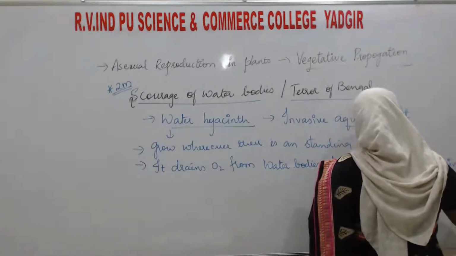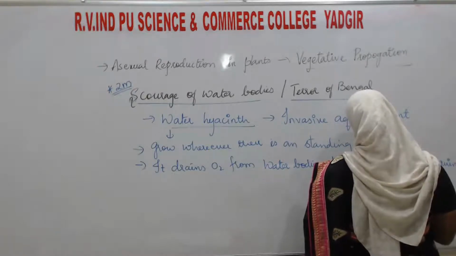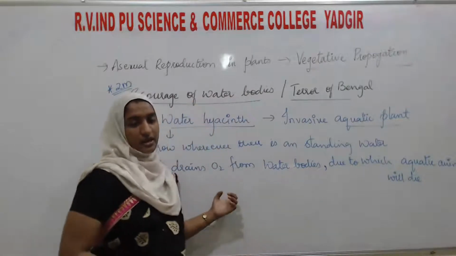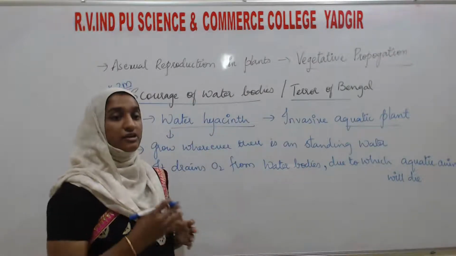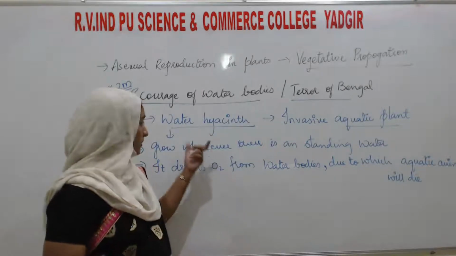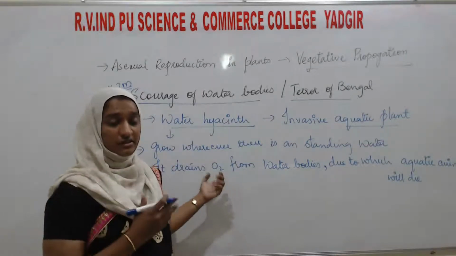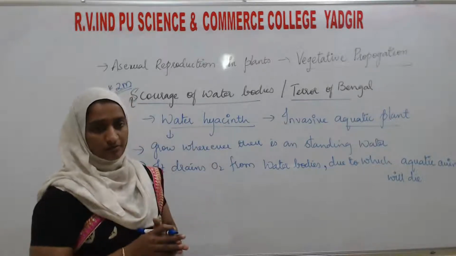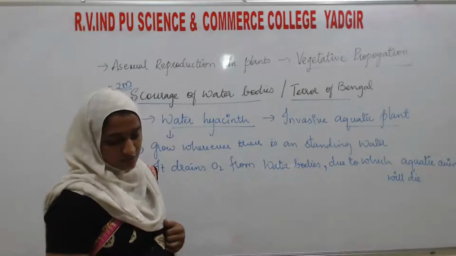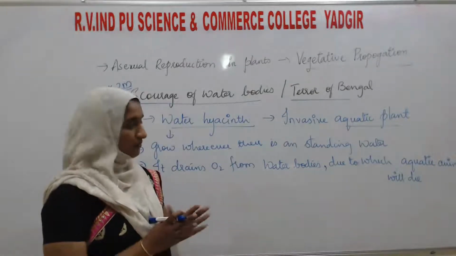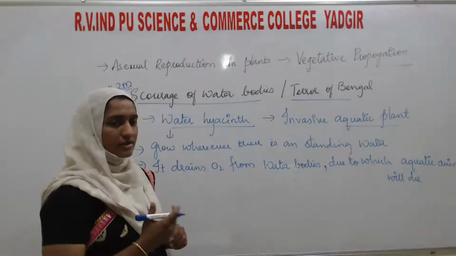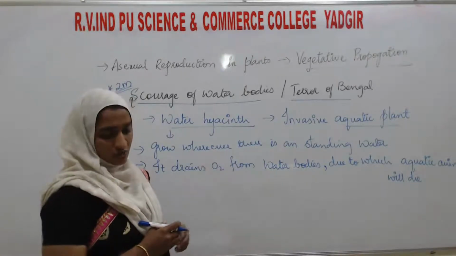If there is no oxygen, they cannot survive. Oxygen will be reduced, which means this water hyacinth pollutes the water, absorbing all the oxygen, which leads to the death of the aquatic animals. You will study this water hyacinth further in later chapters.